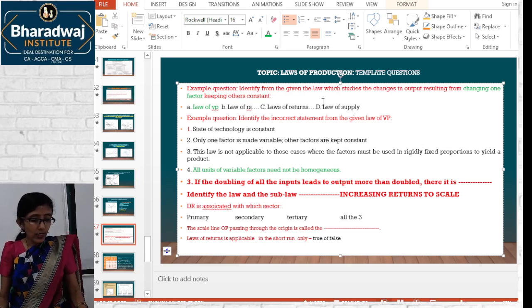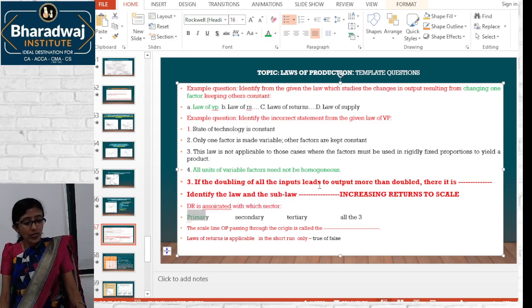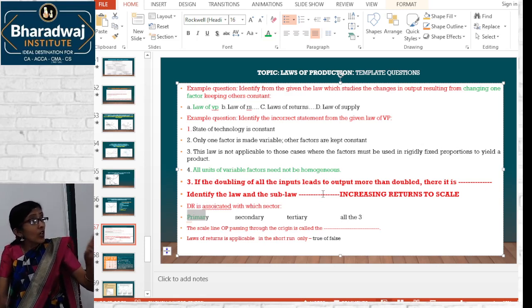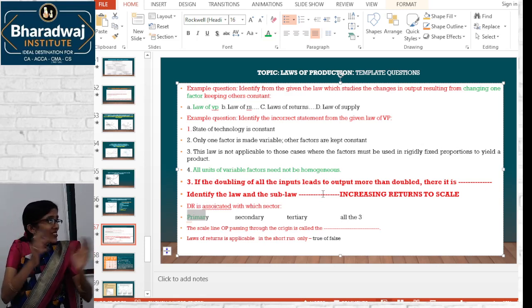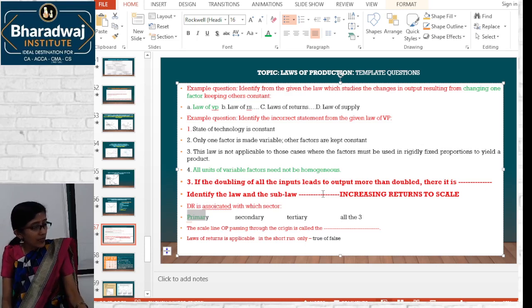Primary, very good. That is agriculture. This is the correct option. What is increasing returns associated with? Manufacturing sector or industrial, and constant returns with what is known as the extractive industries. You remember the term. Raw material base is from agriculture. Processing will be done in the industrial sector. Do you remember that? Yes?